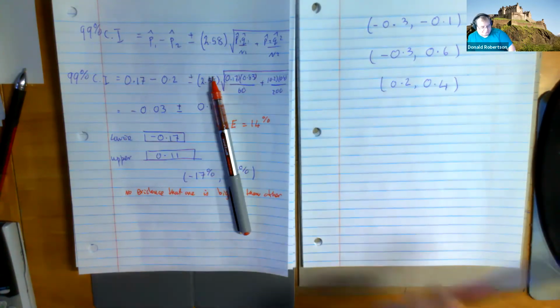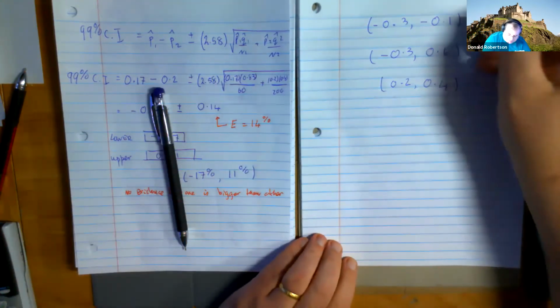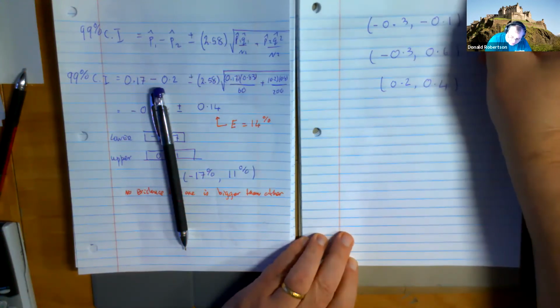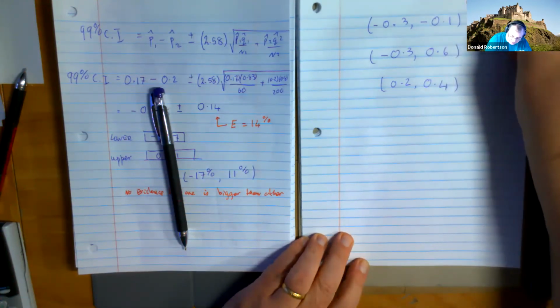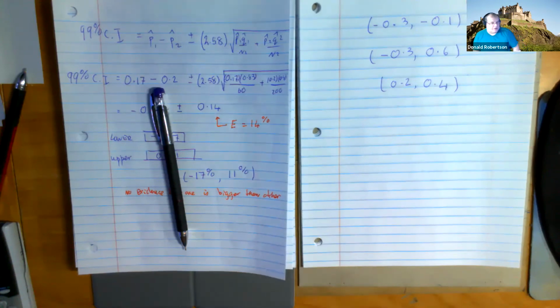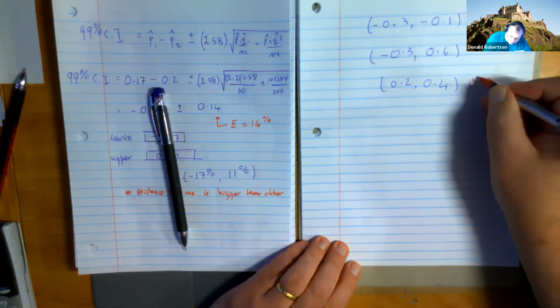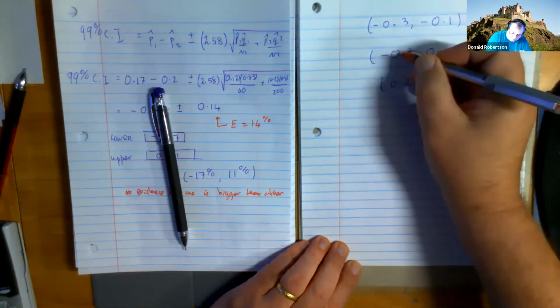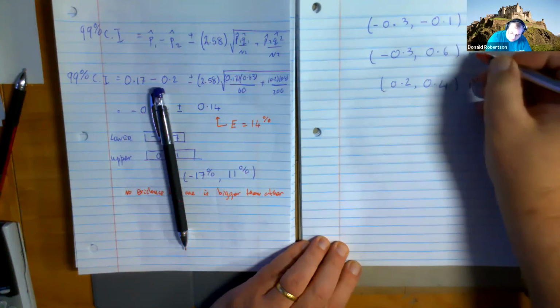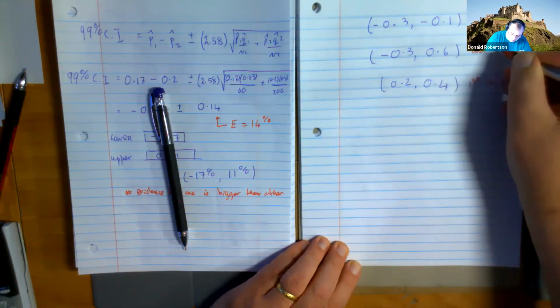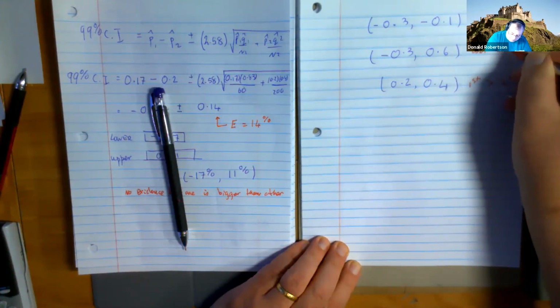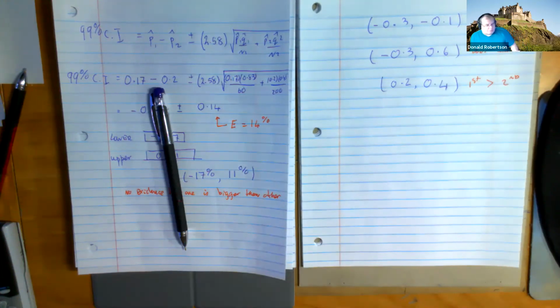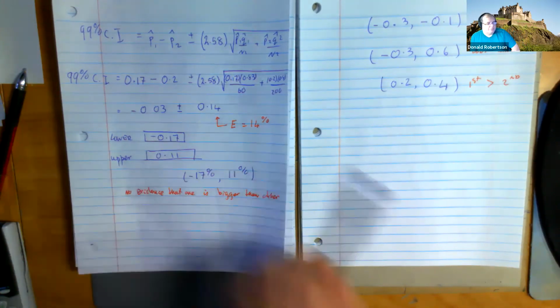If they are all negative, the first thing is less than the second thing, right? The first population, whatever it is, is less than the second. If they're all positive, the first is greater than the second. And if there's some positive and some negative, as we have here, you don't know. By that I mean you don't know if one of them's bigger or less than the other one.